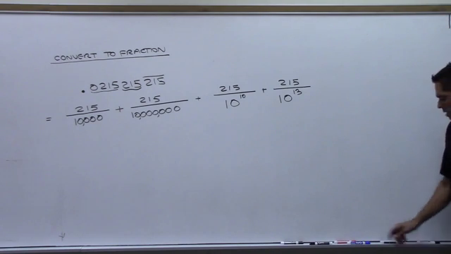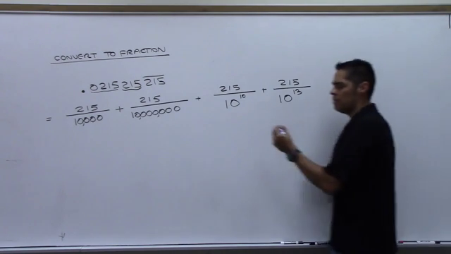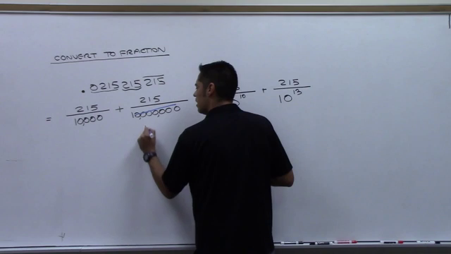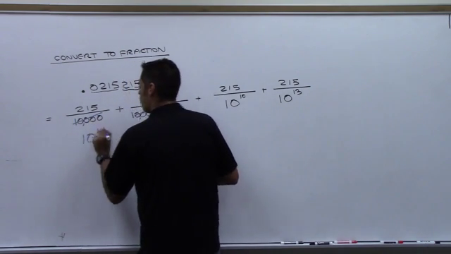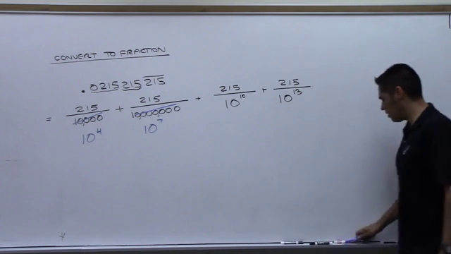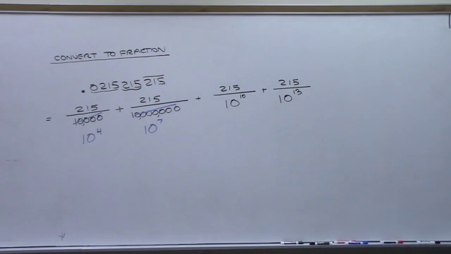Now I'm going to go backwards, and I'm going to rewrite this as 10 to the 7th. I'm going to rewrite this as 10 to the 4th. Anybody know where I'm about to go with this? I'm going to come up with a formula. I'm going to write this in sigma notation.